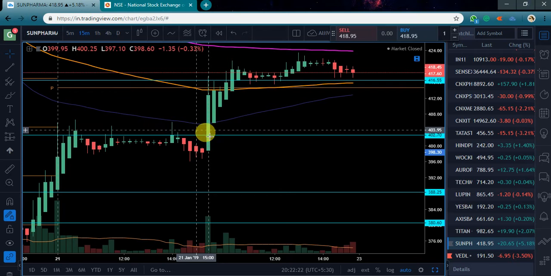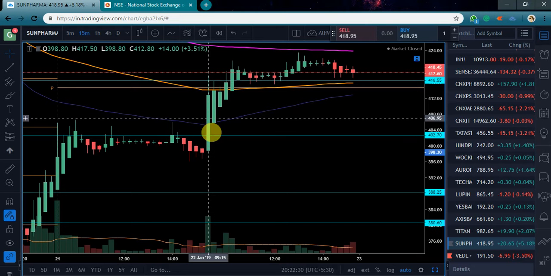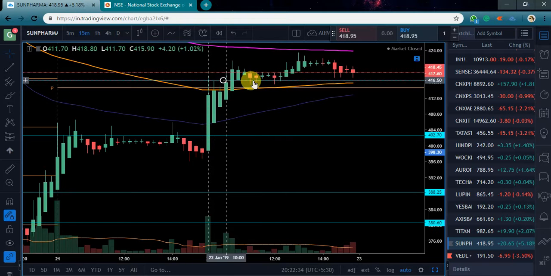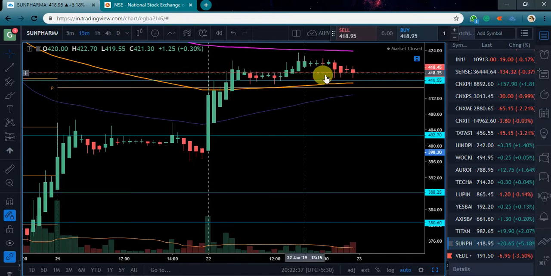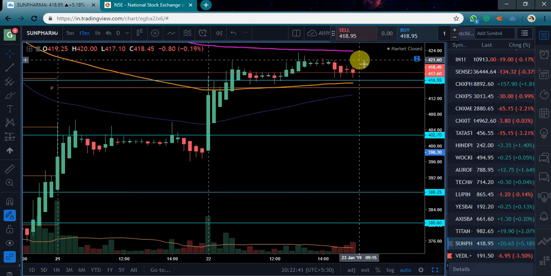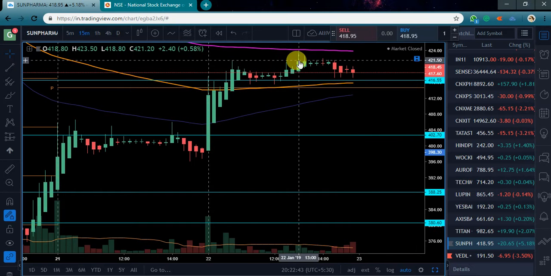It was a wonderful performance, and in 1 minute itself it made a lot of high moves. And here the move respected my levels as well, and then sustained above my level, and then again it was trying to bounce here, right?